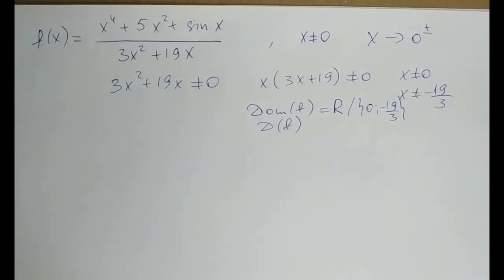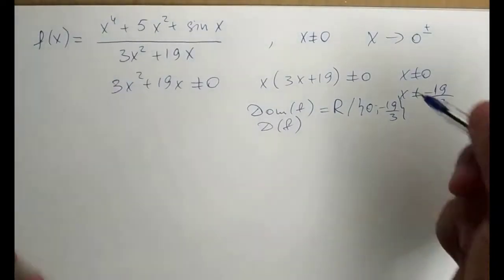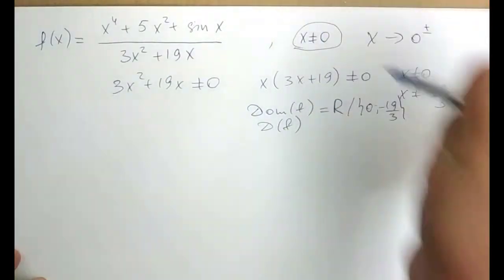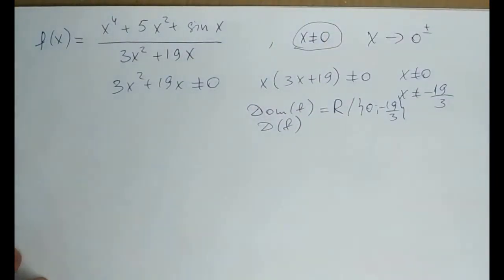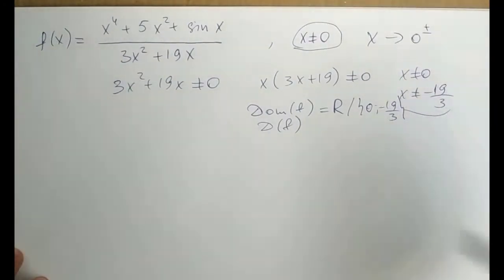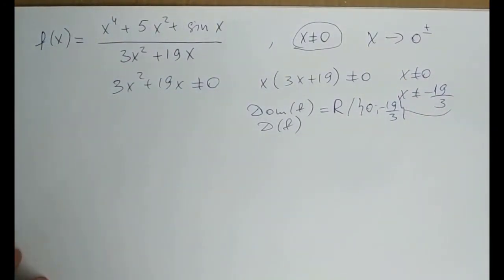And if we will not consider the point 0, if we give a definition as x is not equal to 0, so the except point is only minus 19 over 3, and it will be a vertical asymptote for our function.